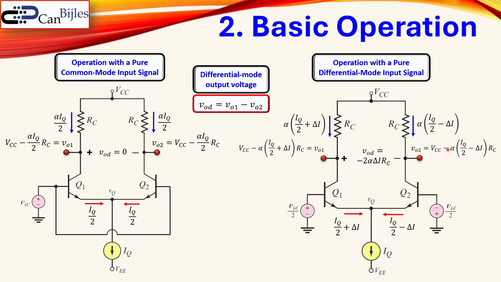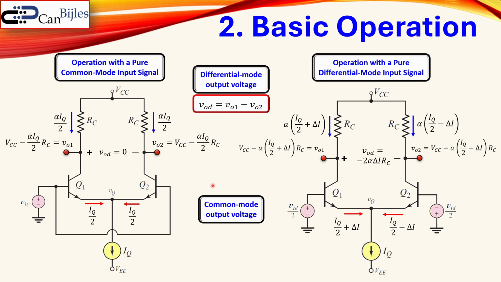So since you do minus of that, the only thing you have left is actually this delta I times RC, but then 2 times, and again there's a minus sign. So you see there is some amplification only, so there's some output voltage only for the differential mode operation and not for the common mode operation. That's also the basic idea of the differential pair.